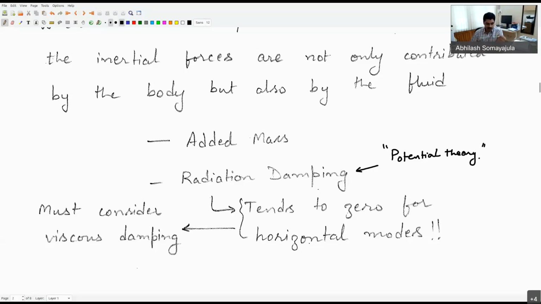If you move it very quickly, you will generate generally larger waves. But if I try to move it really slowly, I don't expect to see huge waves come into the picture, or at least don't expect to see large radiated waves. And that's why this radiation damping typically tends to 0 for most of the horizontal modes of motion, because we are looking at very slow motions when we talk about maneuvering.